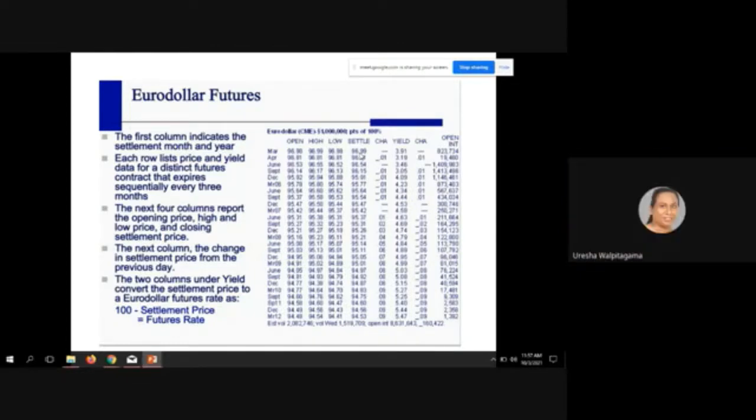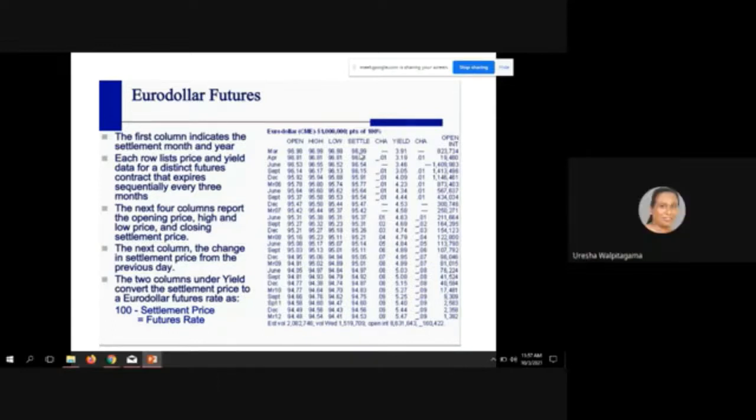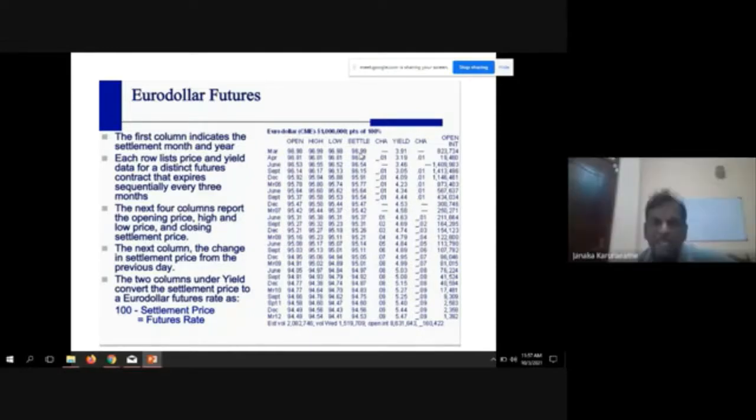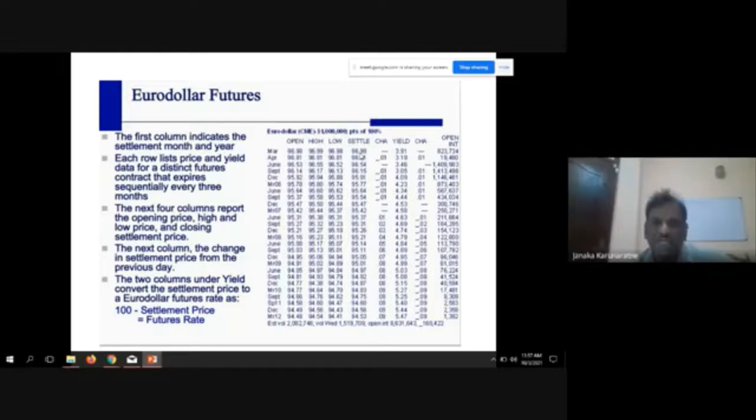Why should it go up? Why should it increase? Price will increase. Okay, interest rate drops, price will increase. That is what is happening in the futures market.